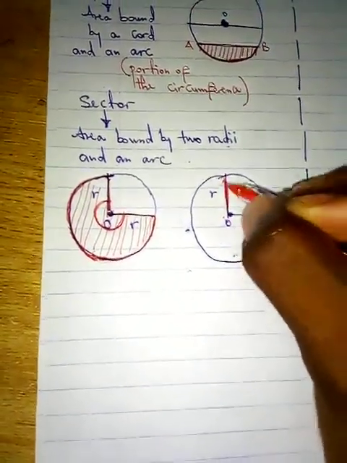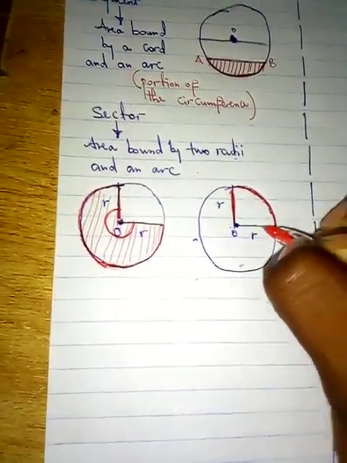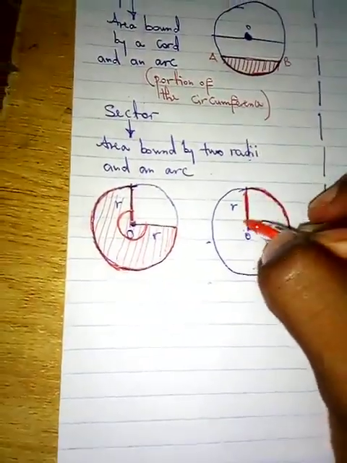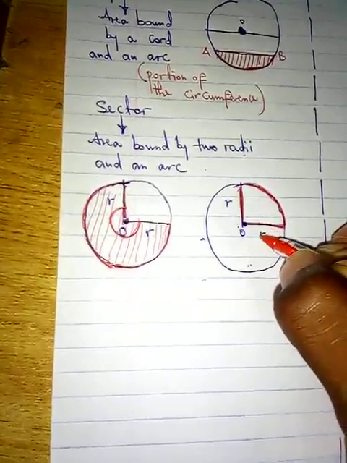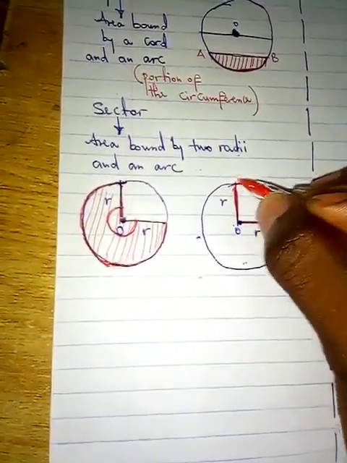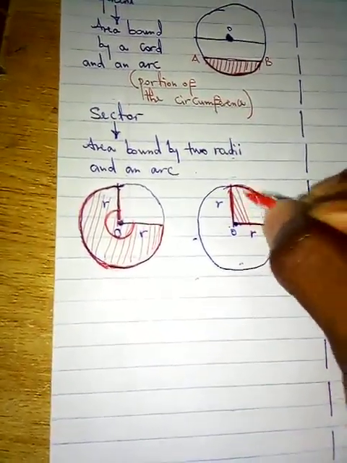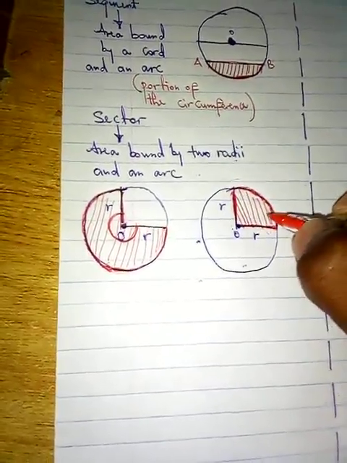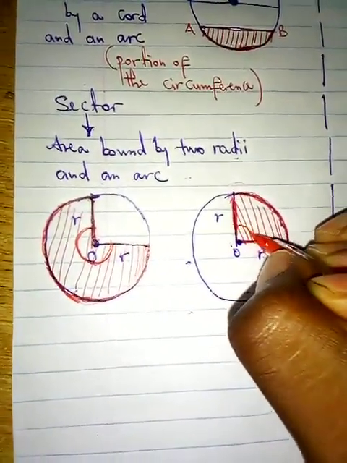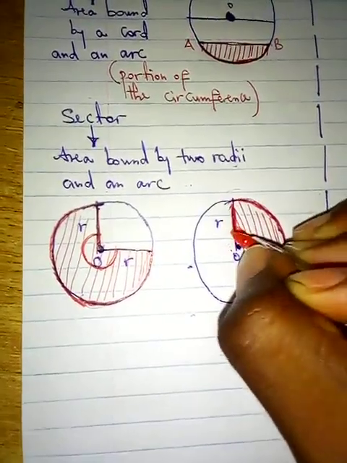If this is the part that we really wanted, notice that this one is being bound by this radius, and also this arc that we're seeing here. If this is the part that we're looking for, this one will also be given as a sector, and the angle that is going to be associated with it is this one here.